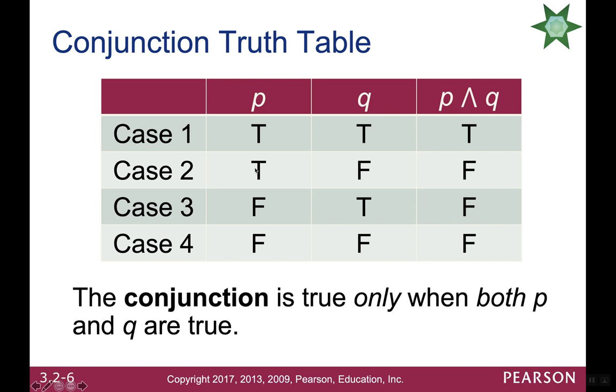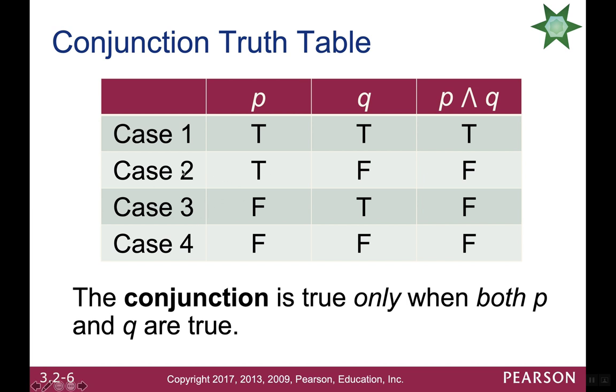For example, some dogs are brown. That is a true statement. Some dogs are white. That is also a true statement. So the and statement, some dogs are brown and some dogs are white, is true.